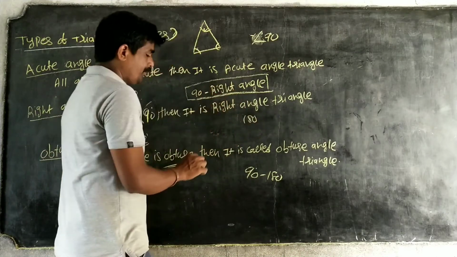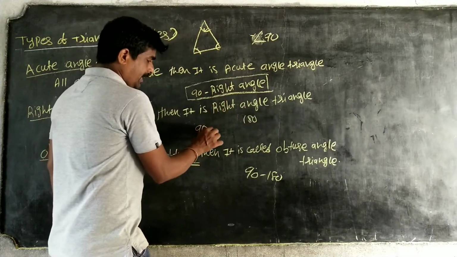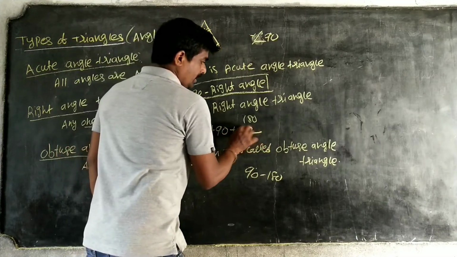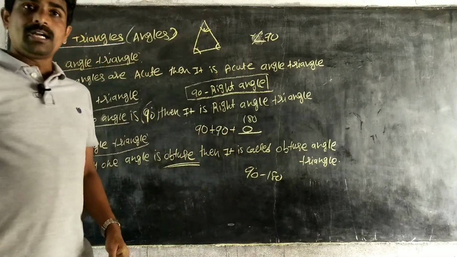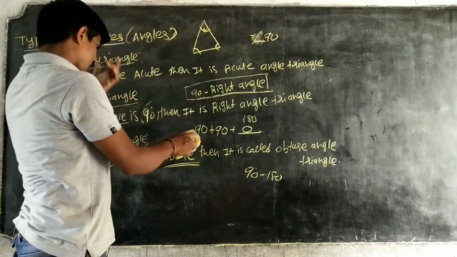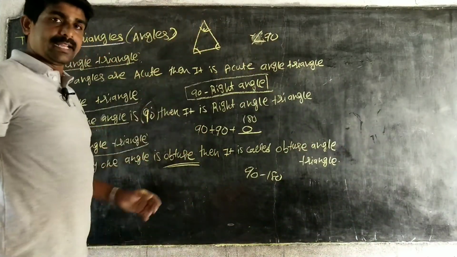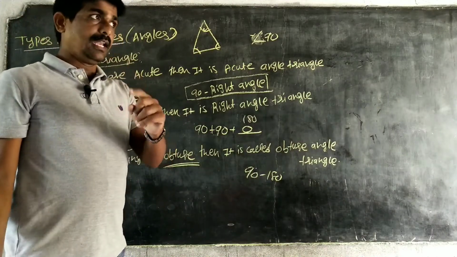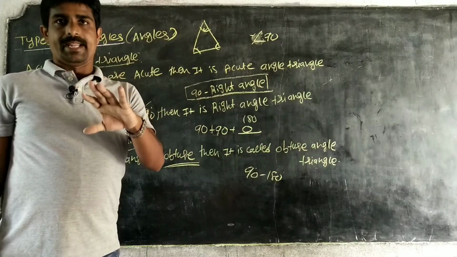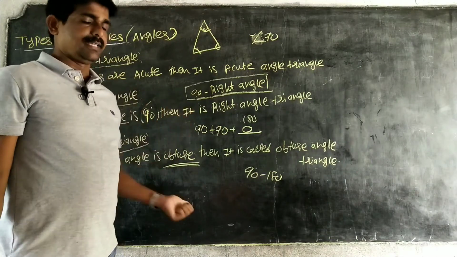If one is 90 and another is 90, then the third one is 0, which is not possible. Similarly, a triangle can have only one obtuse angle.